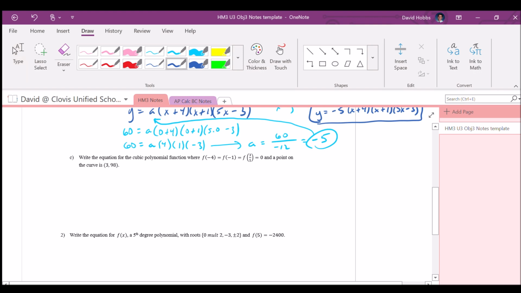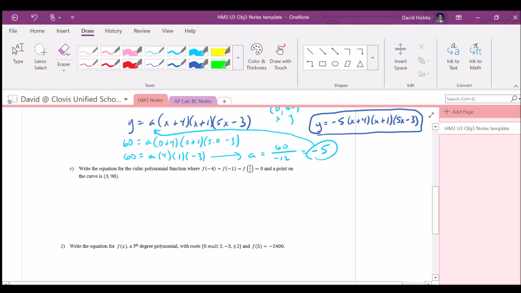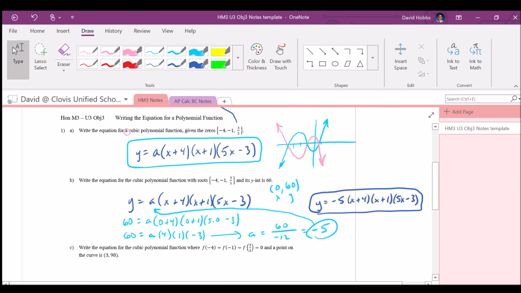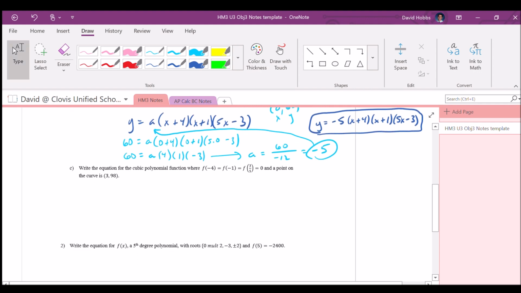Part C here. So f of negative 4 is equal to f of negative 1 is also equal to f of 3/5, and they're all equal to 0. Well, if they're all equal to 0, aren't they zeros? Or, in other words, roots of the function? So this is yet one more way that we can tell you the zeros or the roots of the function.